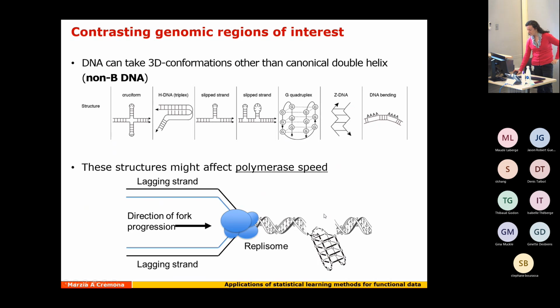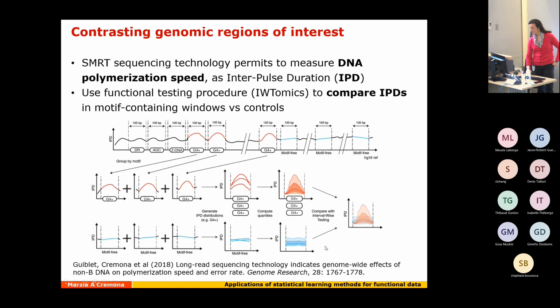So we wanted to see if the polymerase speed is slowing down, and also if the polymerase makes more errors, so more mutations. Here we used data from SMRT sequencing, PacBio sequencing. This is a sequencing technology that doesn't give us only the sequence of the genome, but it also gives us the interpulse duration.